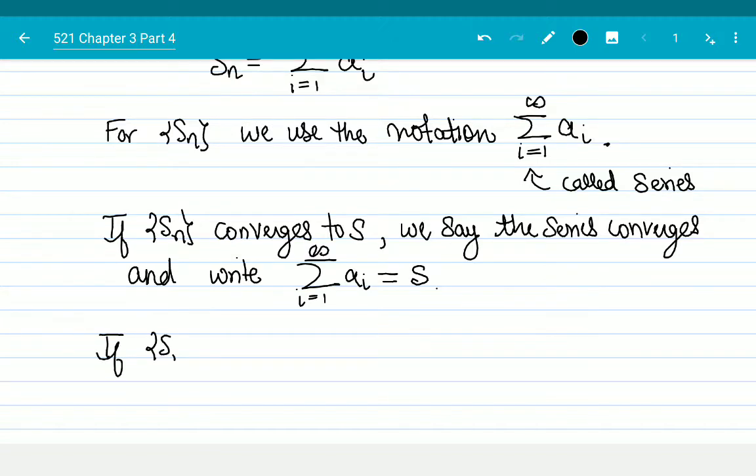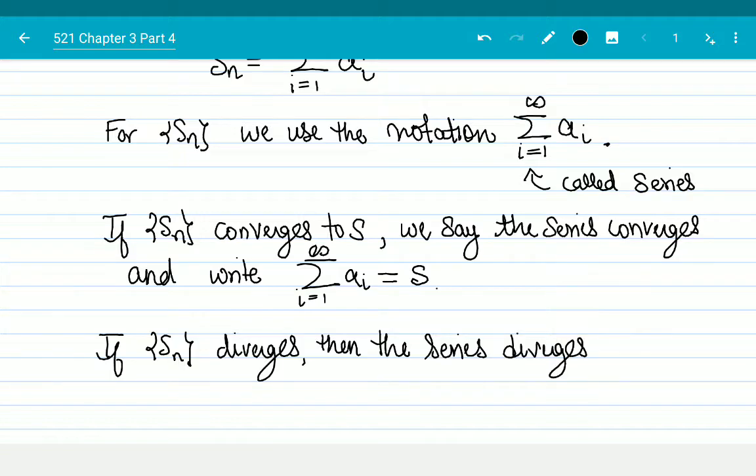If Sn diverges, then we say the series diverges.